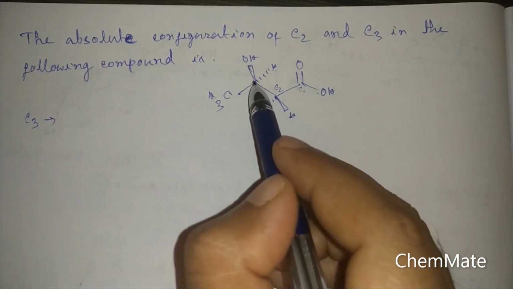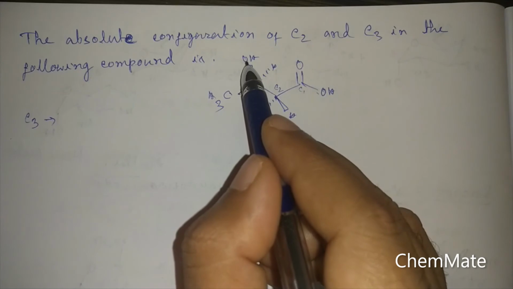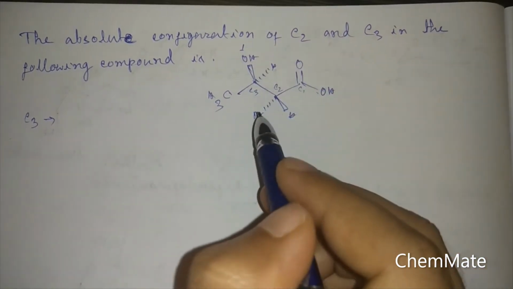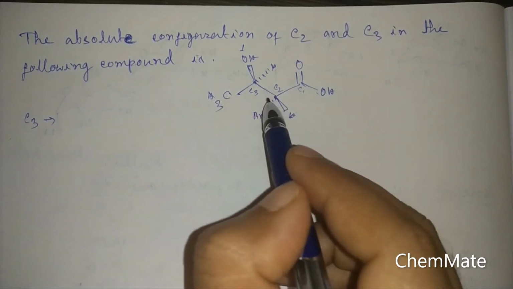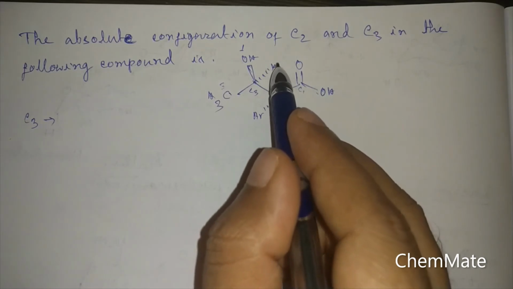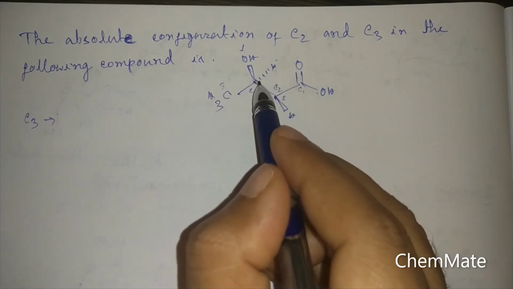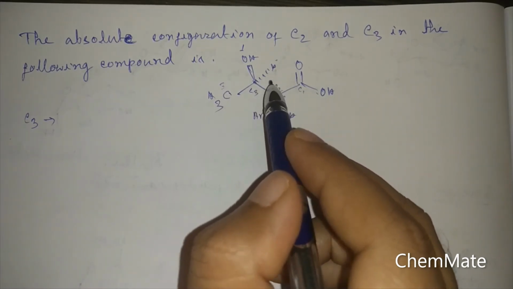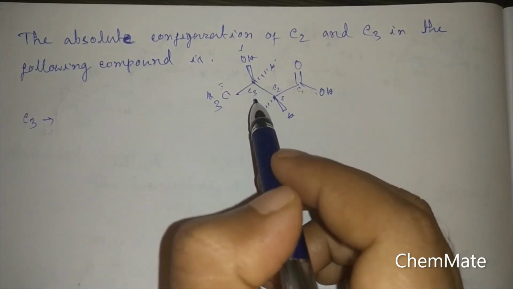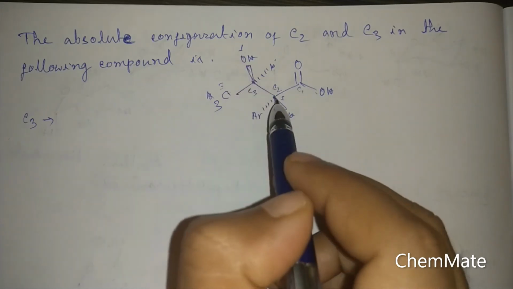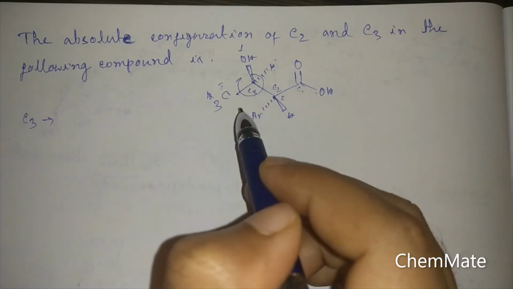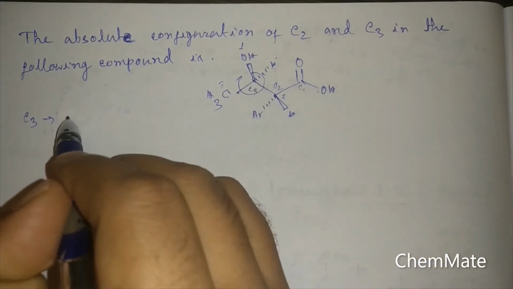So here the carbon is directly connected to the oxygen, so this will have priority 1. Now between these two, this is 2, this is 3, and hydrogen is 4, and the hydrogen is below the plane. Now if we rotate our eye from 1 to 2 to 3, then our eye rotation is in clockwise direction, so the C3 will have configuration R.